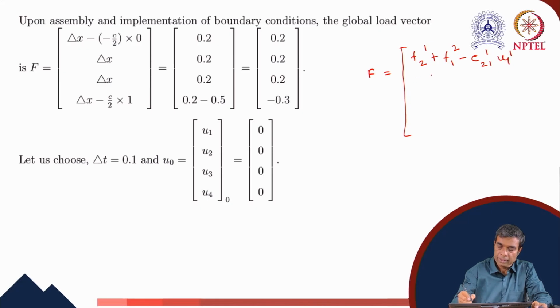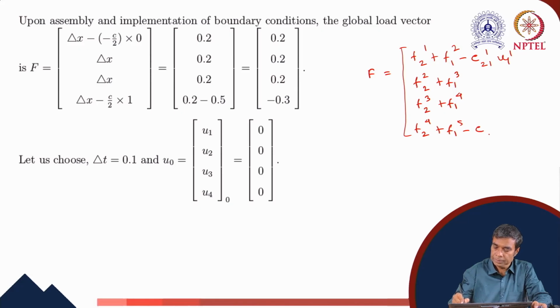Then for the second, third and fourth rows we had F22 plus F13, F23 plus F14, and finally we have F24 plus F15 minus C125 U25. This is the assembly relation.